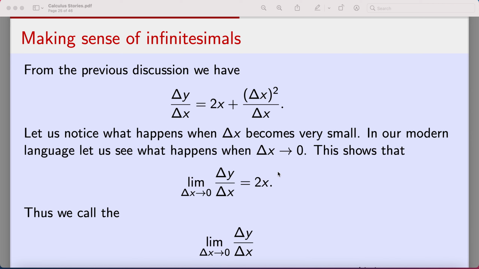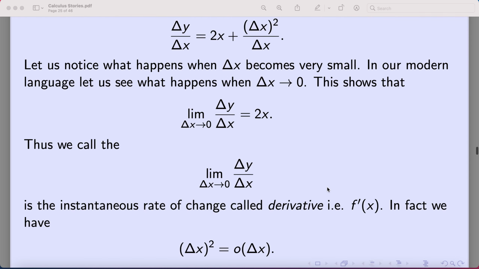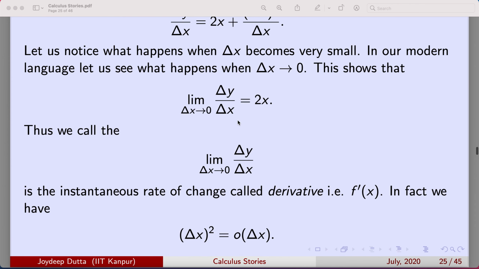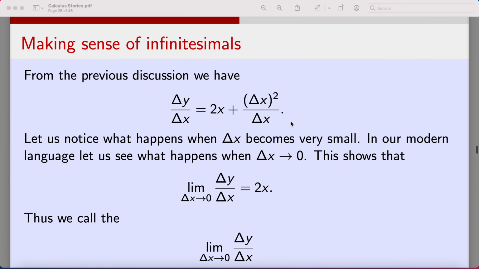That would give me 2x here, because delta x will cancel delta x squared and give me delta x. So delta y by delta x will be 2x plus delta x. So as delta x tends to 0, this part will anyway go to 0.